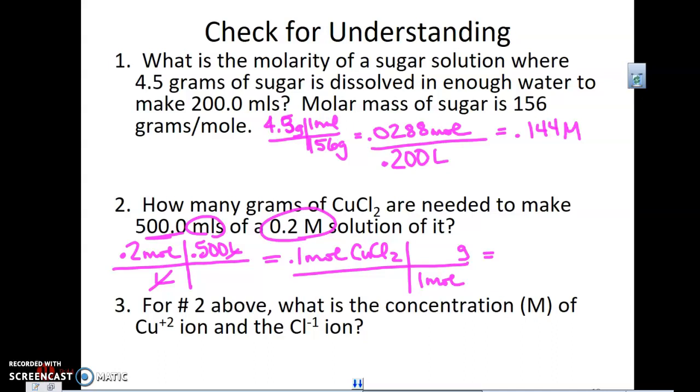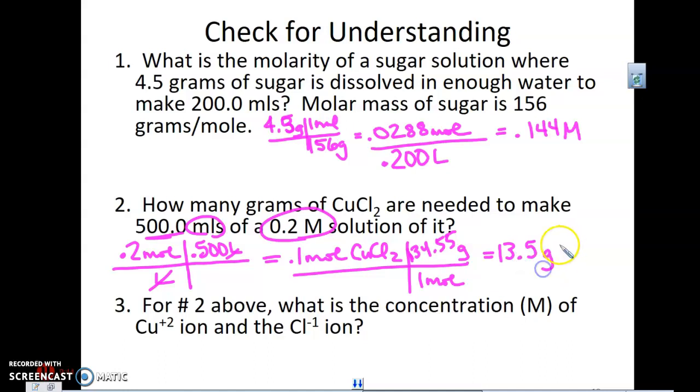And chloride is going to be 35.45 each, and there are 2 of them. Plus we have 63.55 with the copper, so 134.55. Now, if you round that, it's okay, because the answers on the test will not be that close.